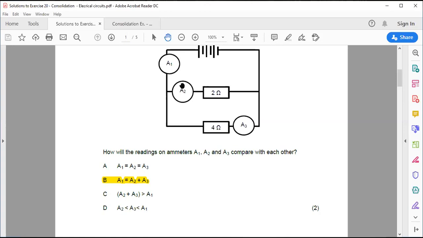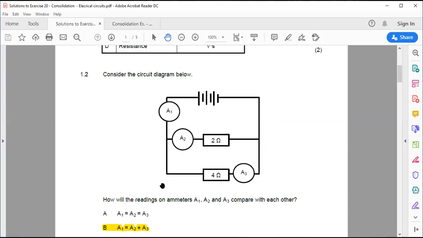What is supposed to happen is A1 is greatest, followed by A2, because A2 has lower resistance, so it will get more current. And A3 will get the least current because it has higher resistance. If A2 and A3 were swapped around, then that statement becomes correct. So this one is incorrect. Right, so that's what you get there.